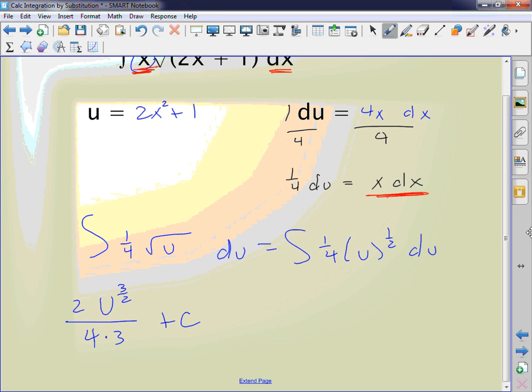Do a little bit of simplifying. That's a 1. That's a 2. So I have u to the 3/2 over 6. The 2 and the 3.